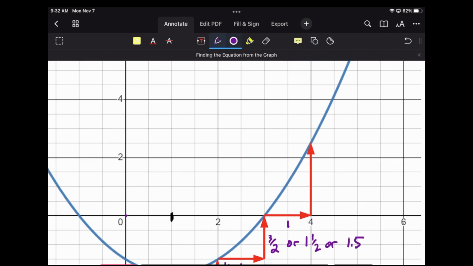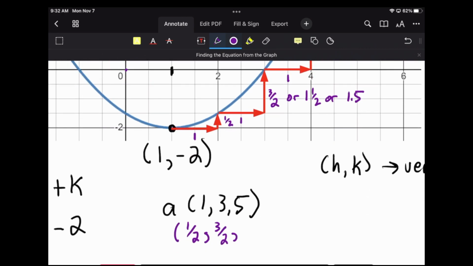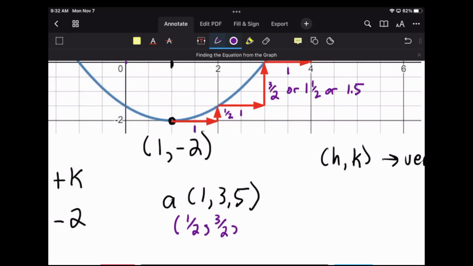And let's count how many squares that was. Each square is a half. So 1 half, 2 halves, 3 halves, 4 halves, 5 halves, or 2.5. I'm going to leave it as 5 halves because I think that's easiest to work with right now.